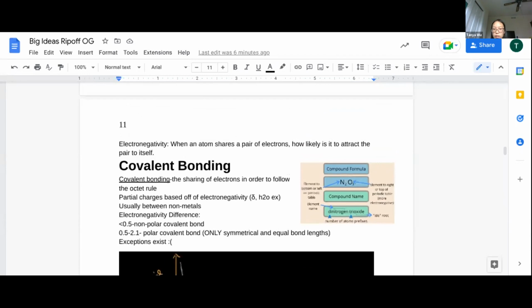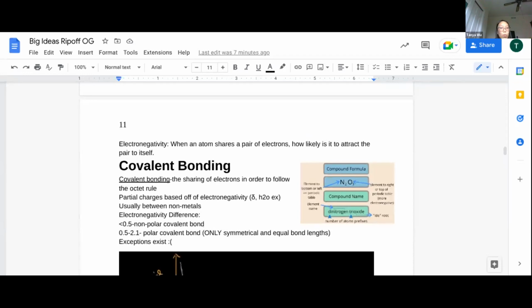But electronegativity is how likely an atom, when it's in a bond, is to attract all of those electrons to itself. And the trend is, as you go to the right and as you go to the top, the more electronegativity there is.